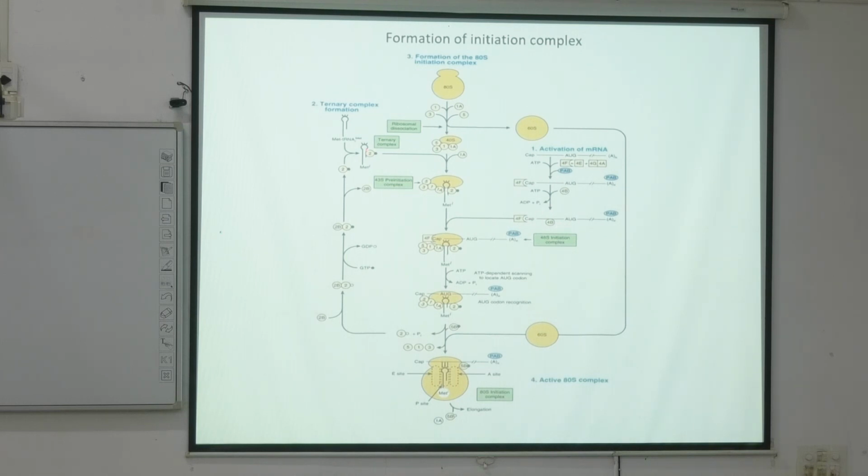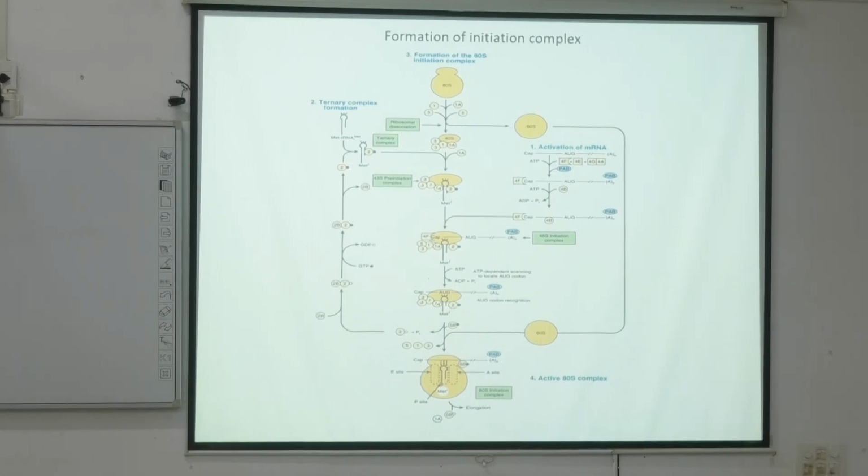Now you go to tRNA. The first tRNA, the first amino acid to be added, is always methionine. AUG codes for methionine, so the first will be methionine. So the methionine tRNA will be attached with EIF. The solid dot represents GTP.